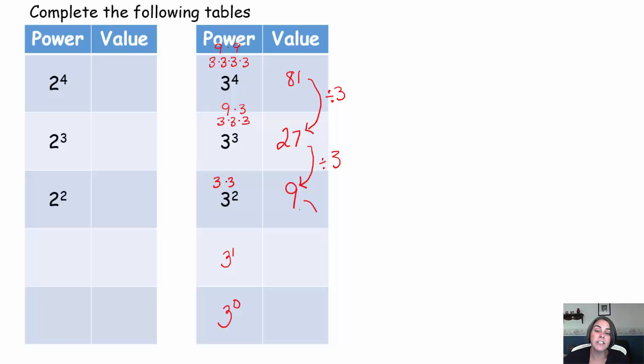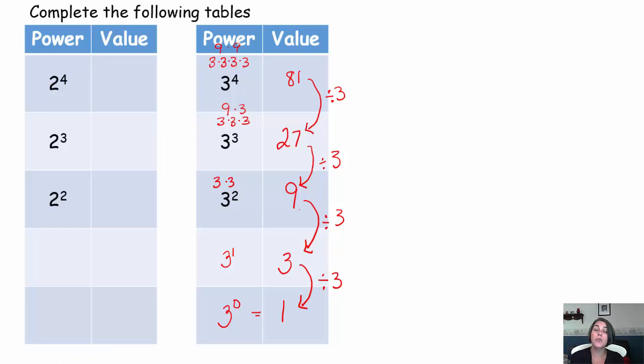This pattern can continue. 9 divided by 3 is 3. And that makes sense because if we have 1 factor of 3, we just write out 3. And now to get 3 to the 0, we could continue this pattern of dividing by 3. 3 divided by 3 is 1. So 3 to the 0 power is actually 1.